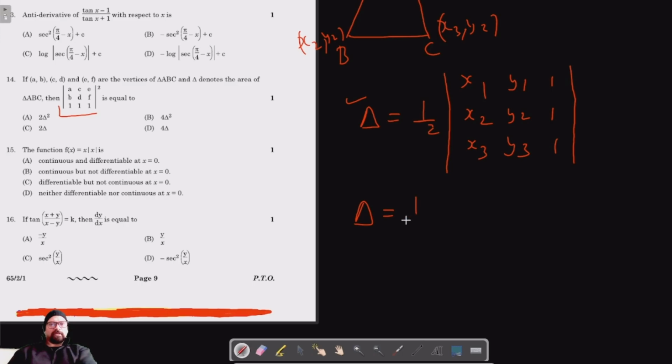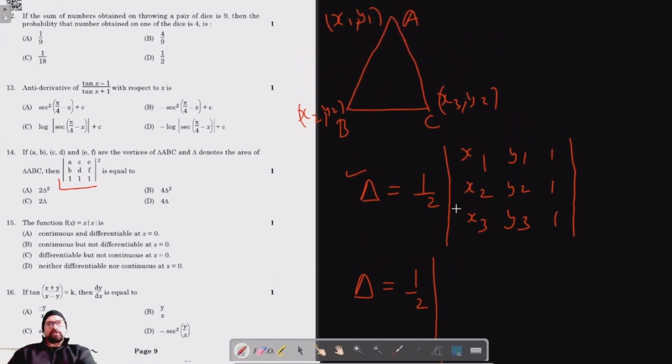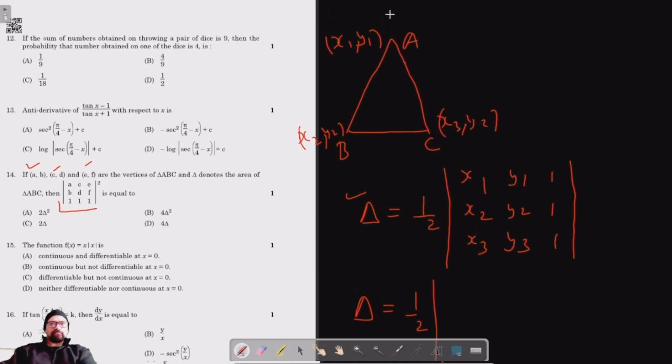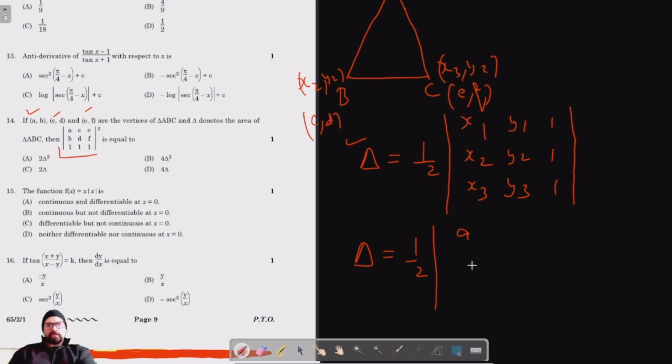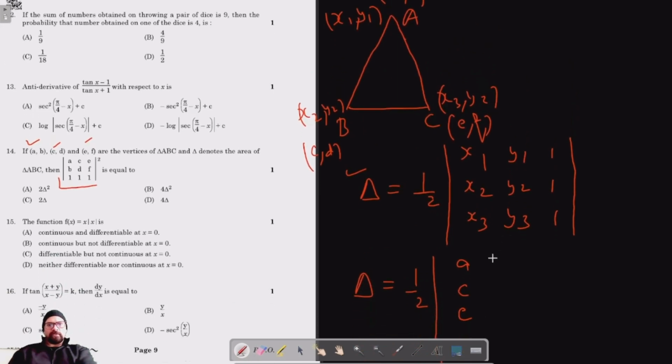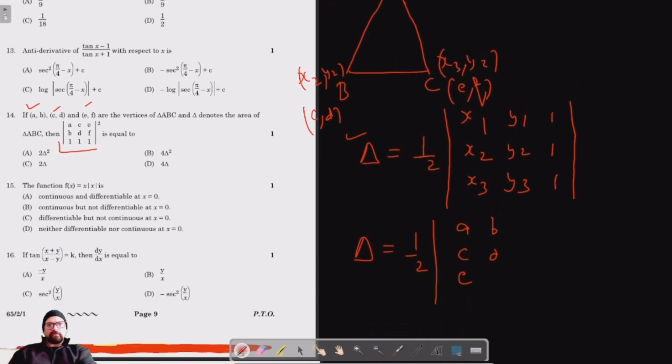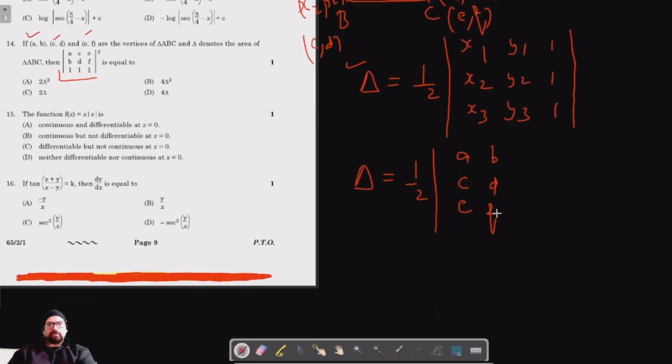So here the area of the triangle is equal to half of the determinant. For x1 we have A comma B, for x2 we have C comma D, and for x3 we have E comma F. So x1 is A, x2 is C, and x3 is E. Now y1 is B, y2 is D, and y3 is F. This is 1, 1, and 1.